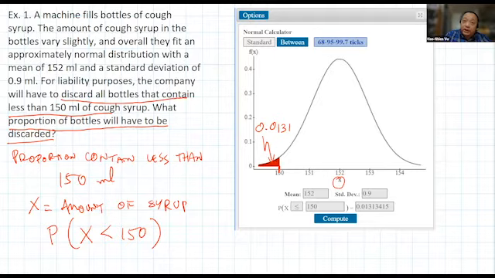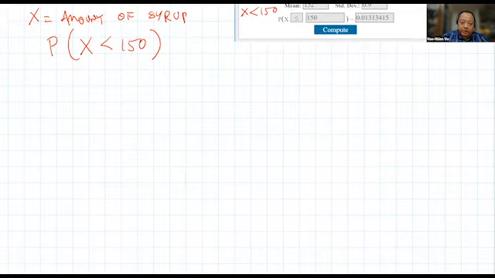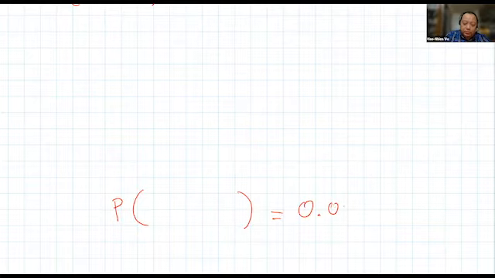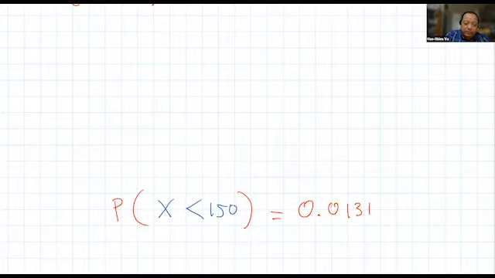It is the shaded area that's above this portion of the axis, and this portion of the axis is the part that says x is less than 150. So in other words, if I redraw this picture down here, I have the probability of something is equal to 0.0131. What is it the probability of? It's the probability of x being less than 150.